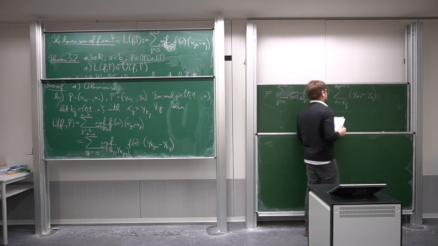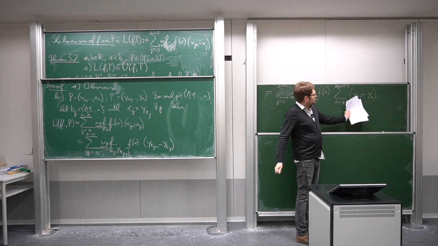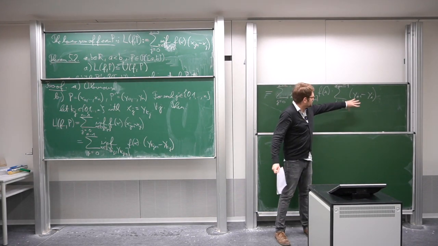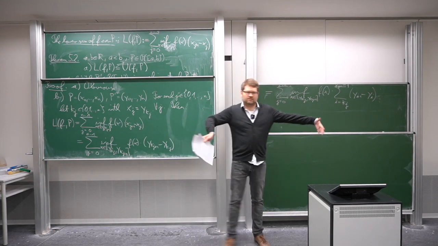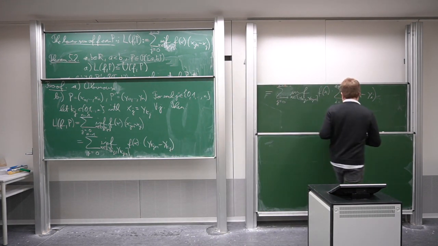If you take a look at the sum, this is a telescopic sum. So as a telescopic sum, it just becomes this difference. This basically means that the long part of the partition is the sum of the individual small parts.